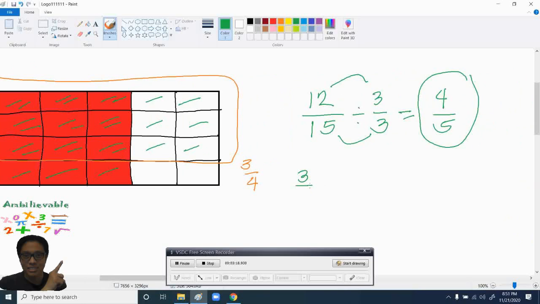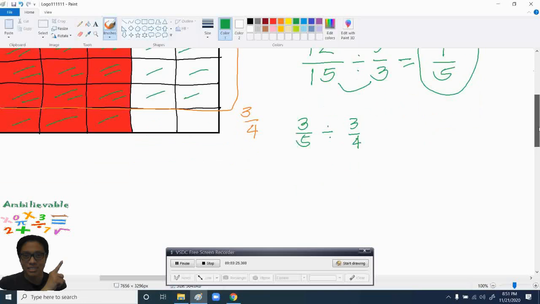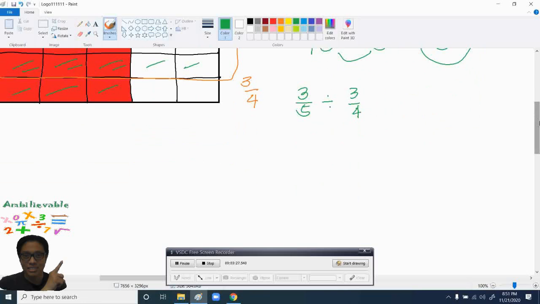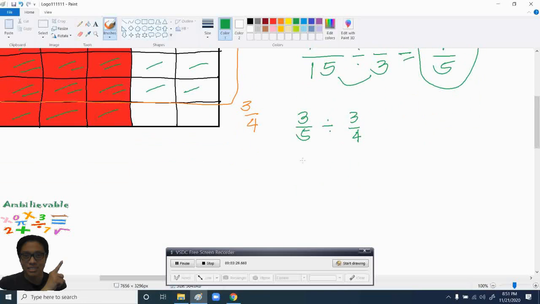Now, let us use this number in equation. We do have 3/5 divided by 3/4. First rule in division of fraction is to reciprocate your divisor. So 3/5, and then the reciprocal of 3/4 is 4/3.